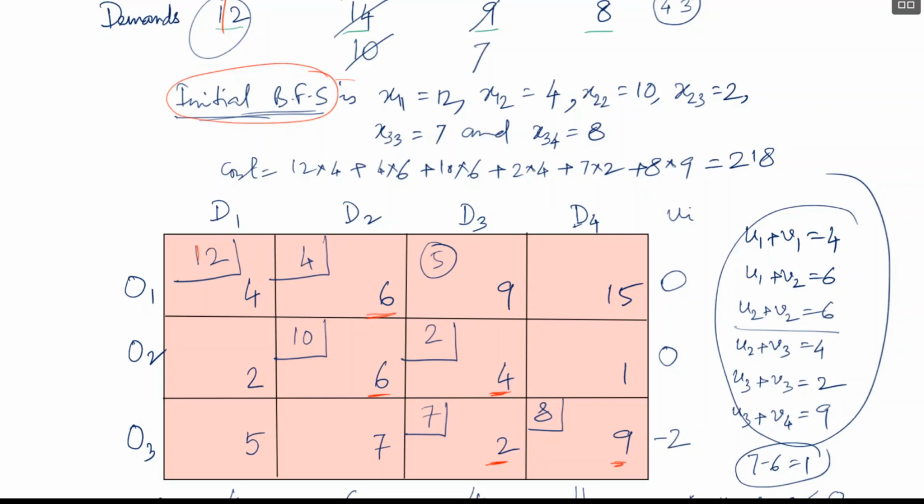Yes, Ui plus Vj for 1 3 is 4. So 4 minus 9 is minus 5. And for 1 4 cell it is 11 plus 0 minus 15. 11 minus 15 is minus 4.